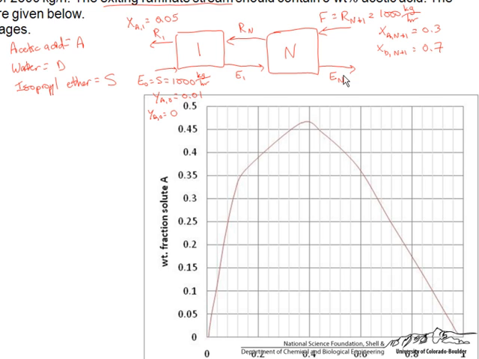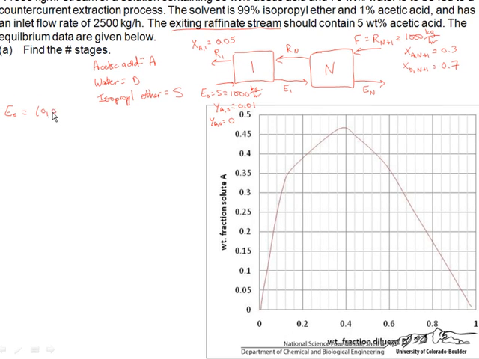Let's see which points we can plot just with the information given on our equilibrium diagram here, our ternary diagram. Let's see, we can plot E0, and that's going to be just at 0 and 0.01. So right there is E0.